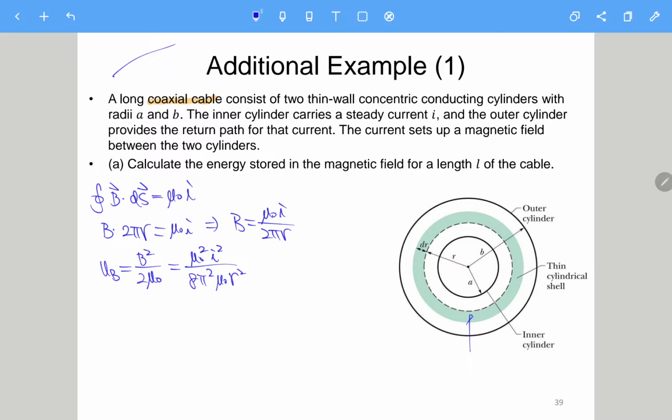So mu 0 and mu 0 squared can be cancelled, and we have mu 0 I squared over 8 pi squared r squared.